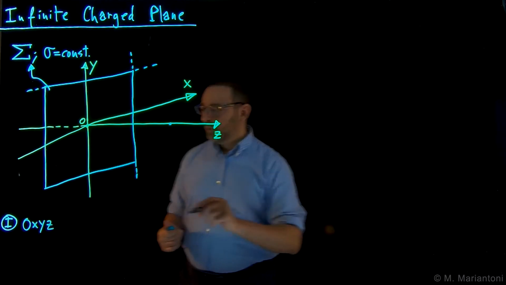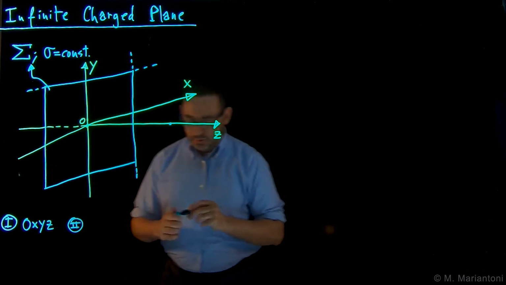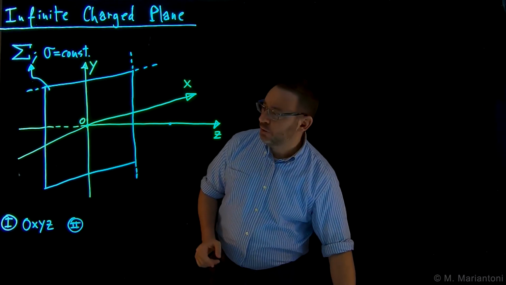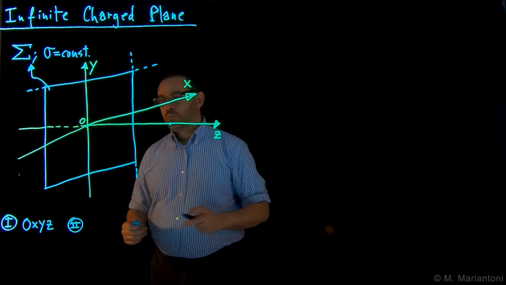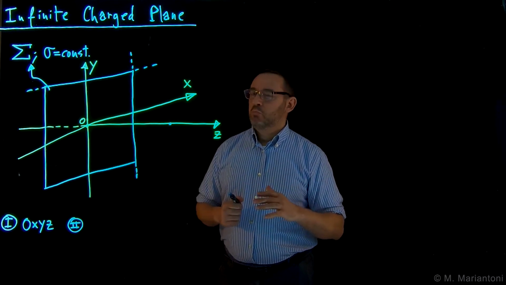The second step is to sketch the electrostatic field's components, the vectors associated with this charge distribution. In this case, we can proceed in at least a couple of different ways, maybe even 3.